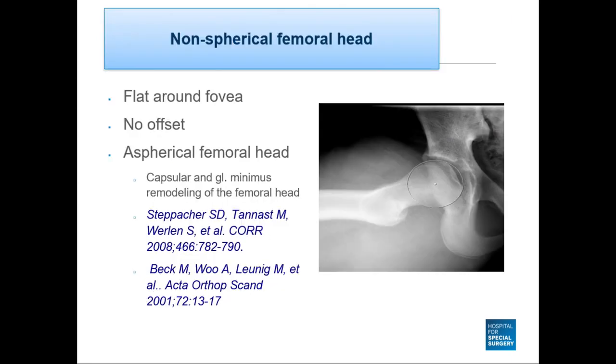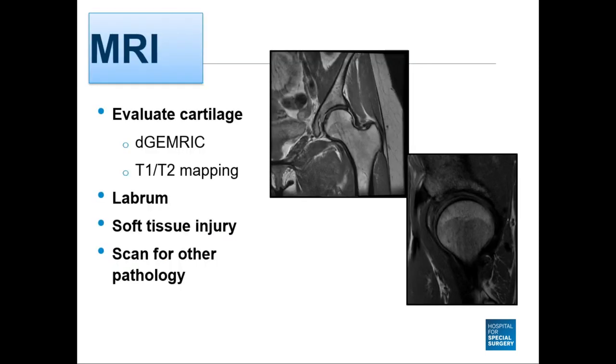And then, as Andrea mentioned, even in dysplastic hips, it's very common to get irregularities of the femoral head-neck junction, with cam deformities, flattening, and asphericity of the femoral head.